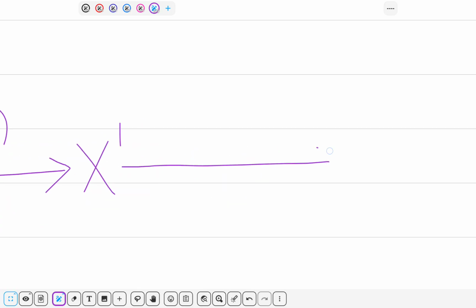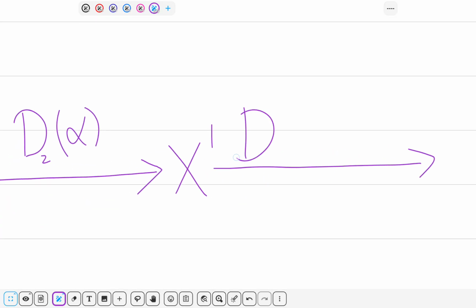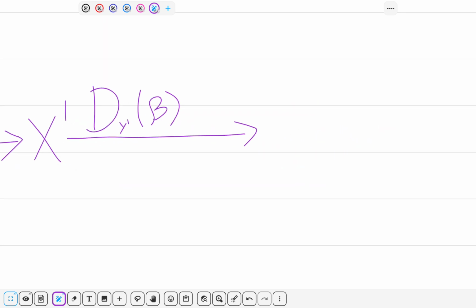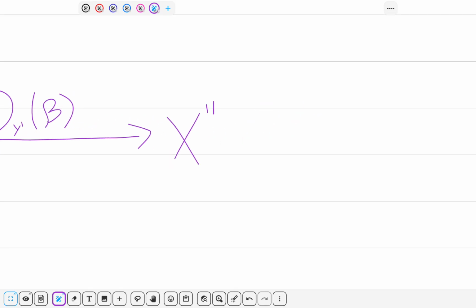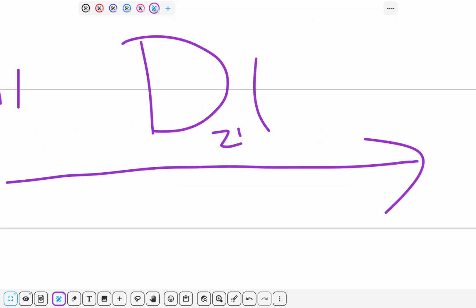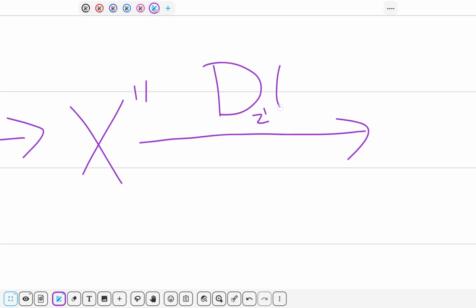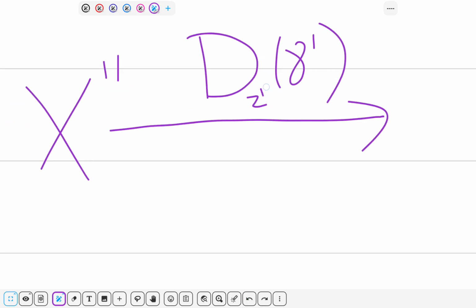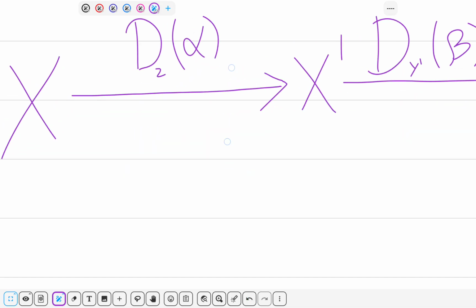Then you do a rotation about the y-axis, not y-axis, y prime axis, with some angle beta, and then finally you do a rotation about z prime by angle gamma, giving z double prime. So the axes totally get changed here.